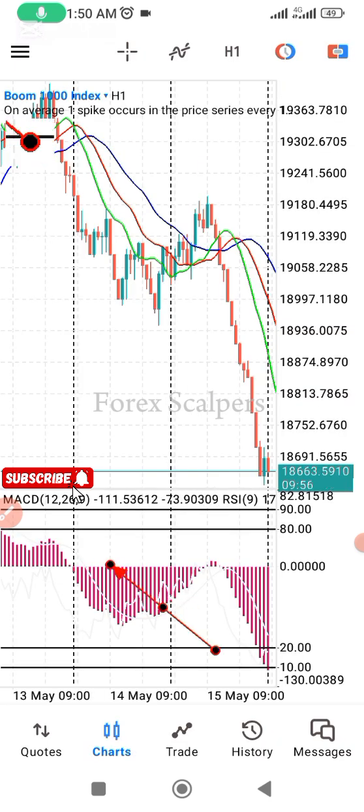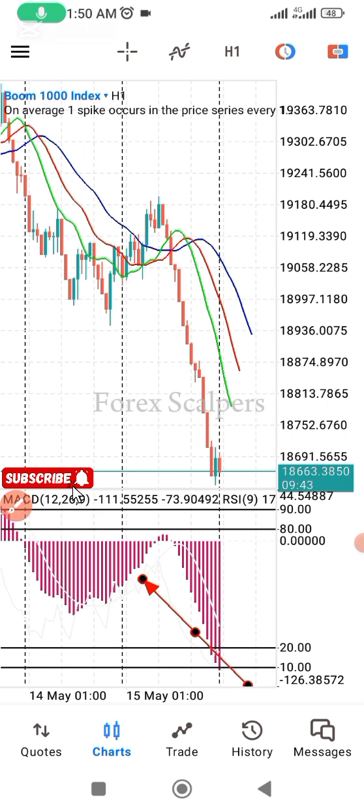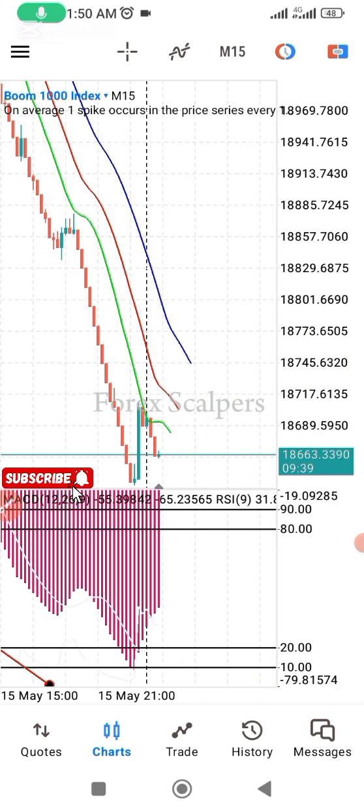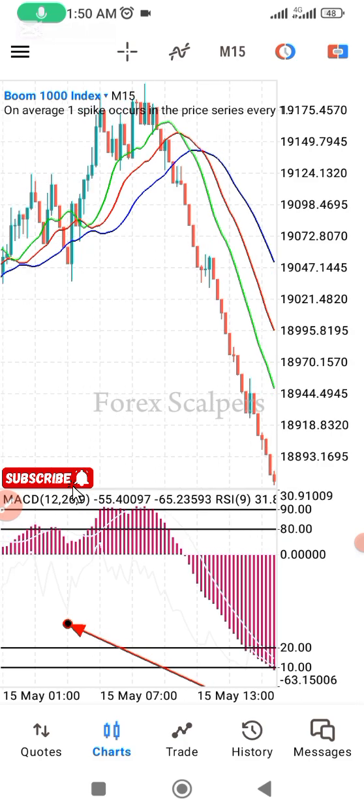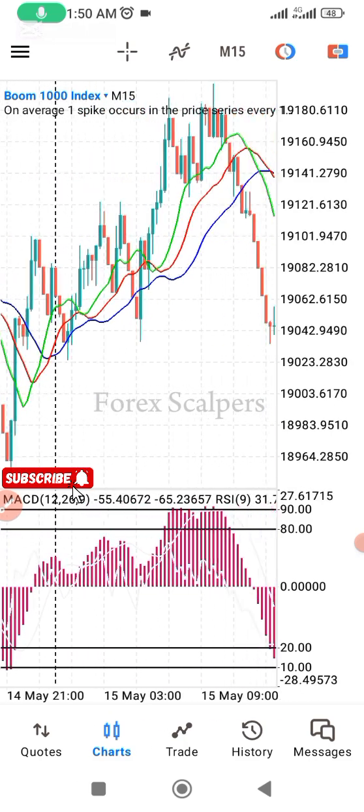So here is our MACD. All right, you can see the momentum of the MACD is below the zero level, which is here, which shows that we are in a bearish market. So what do we do? We move to our 15-minute time frame, where we'll be looking for our entry, our sell opportunity.